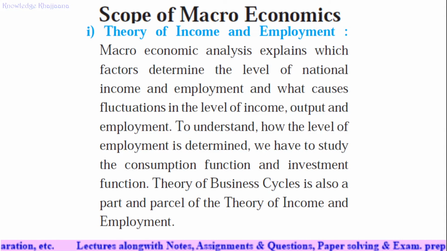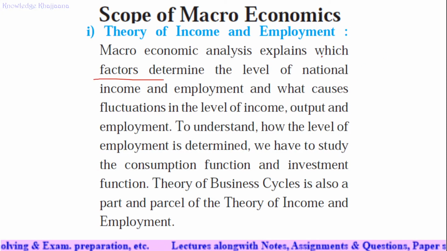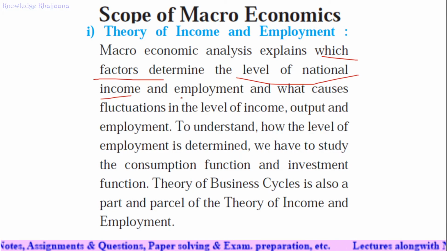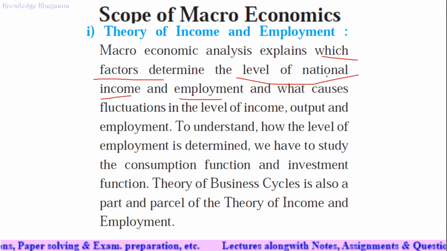Okay, the first theory is the scope of macroeconomics using the theory of income and employment. Macroeconomic analysis explains which factors determine the level of national income and the level of employment.